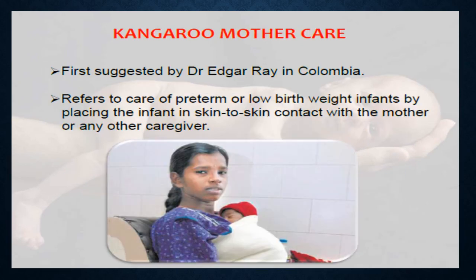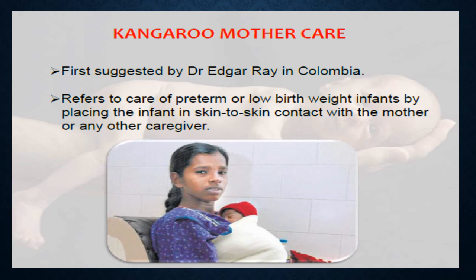It was first suggested by Edgar Ray in Colombia in the 80s. It refers to care of preterm or low birth weight infants by placing the infant in skin-to-skin contact with the mother or any other caregiver. For the countries, it decreases the cost of incubators and decreases the supplementation used in treating this problem. For the mother, it keeps the contact between the mother and the baby.